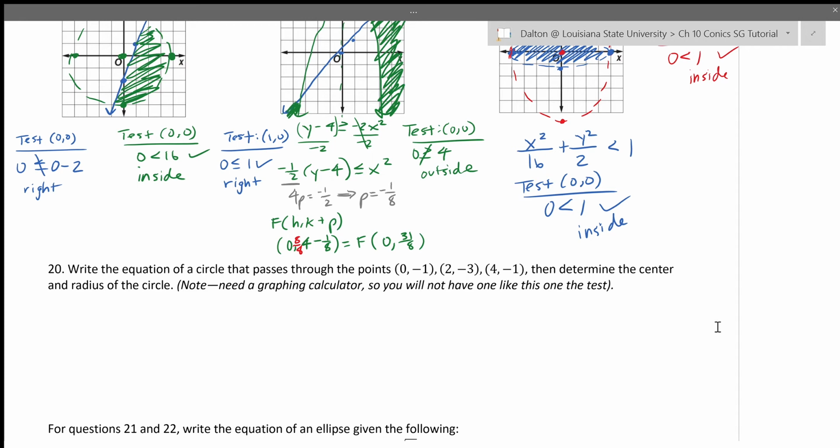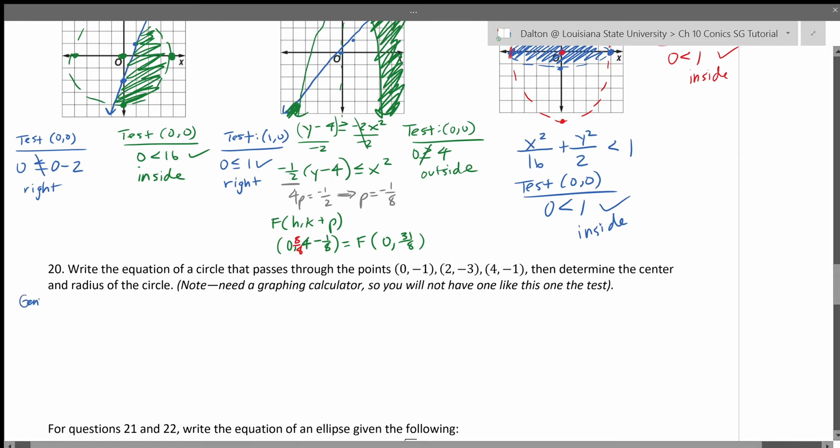Okay, the thing to remember about a circle is that the general equation of a circle has the equation x squared plus y squared, right? A and C are both equal to 1. So x squared plus y squared plus dx plus ey plus f is equal to 0.